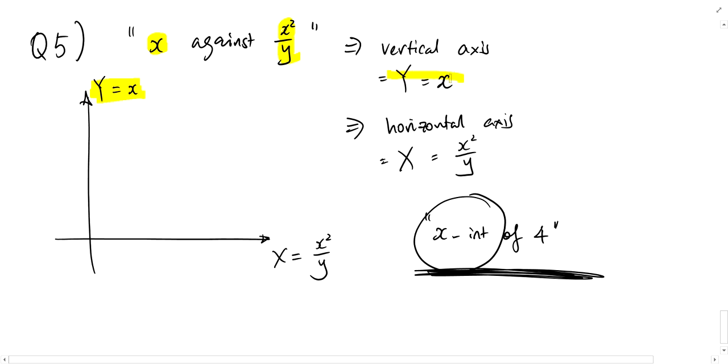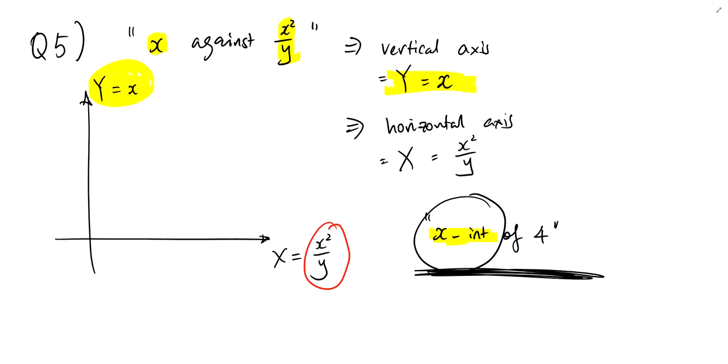So we earlier established that big Y is actually small x. So when they say that the small x intercept is 4, they are referring to this vertical axis. Our horizontal axis over here is x squared over y. If they were referring to my horizontal axis intercept, they would say x squared over y intercept.